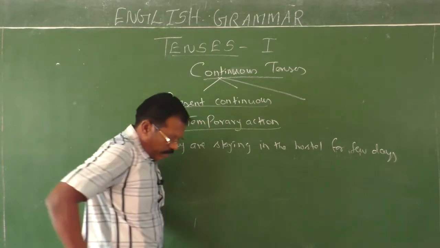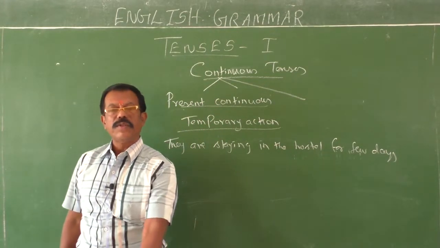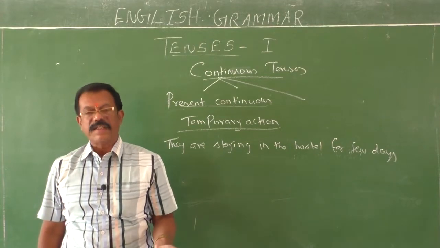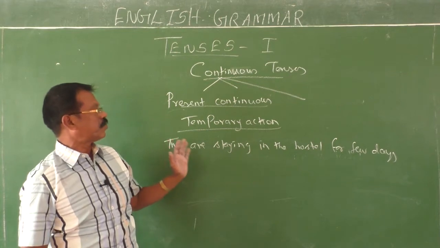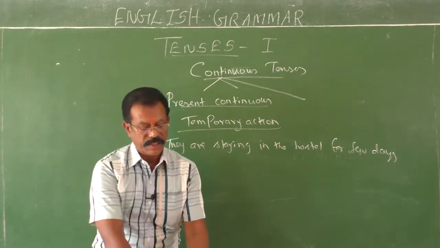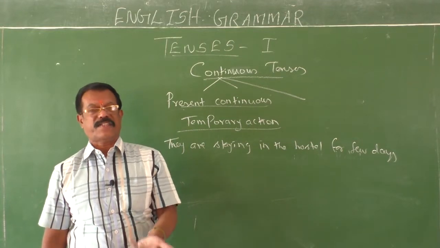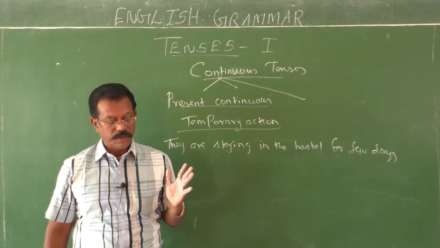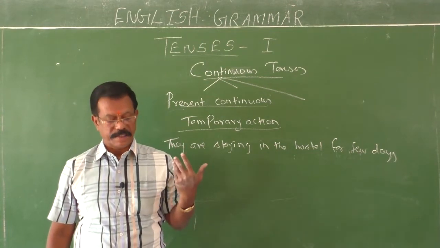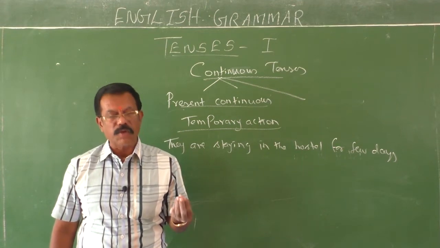So we can use this present continuous to refer to an action that is happening at this moment, and to refer to a temporary action. A definite future plan can also be expressed in present continuous. I am going to start a business. I am starting piano class soon.